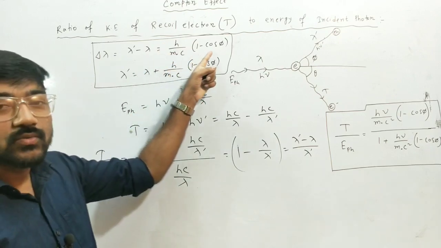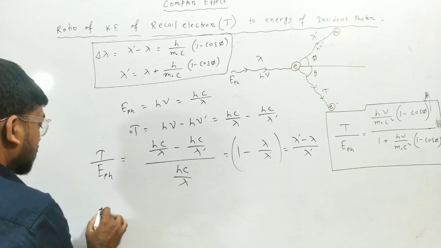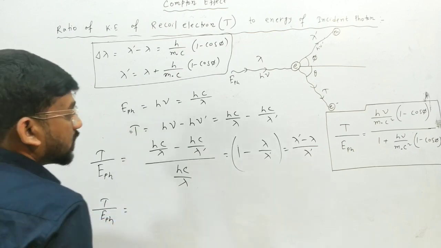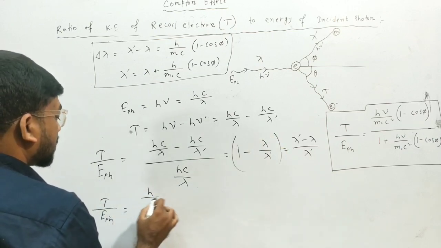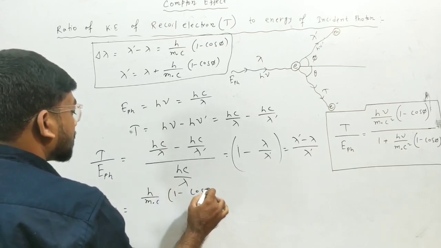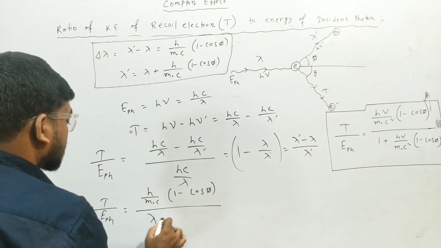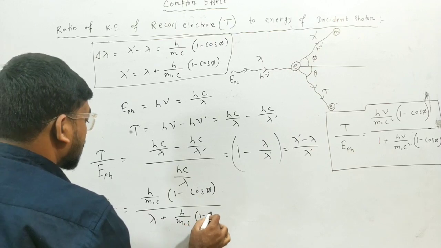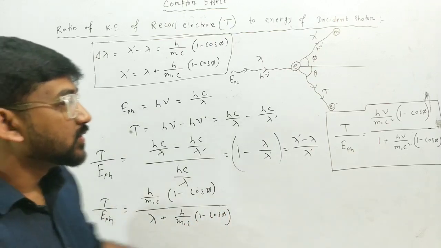It is h by m0c into 1 minus cos phi, and this is lambda dash. So T upon EPH equals h upon m0c into 1 minus cos phi, divided by lambda plus h upon m0c into 1 minus cos phi. This is the result, but we have to write it in another way, in terms of nu.